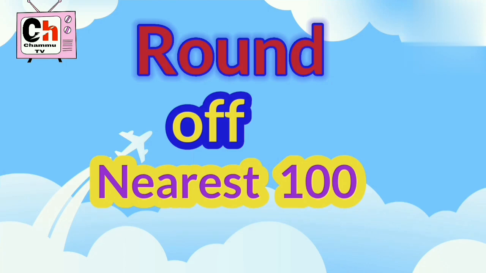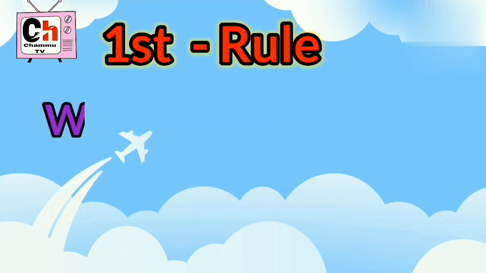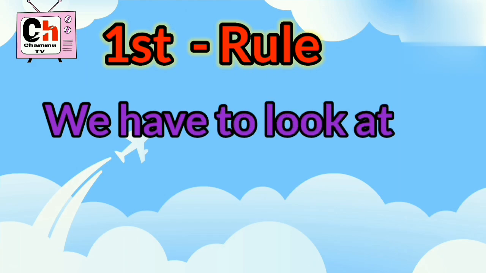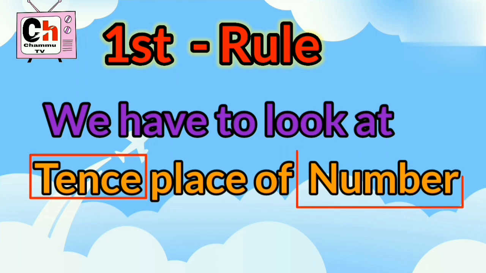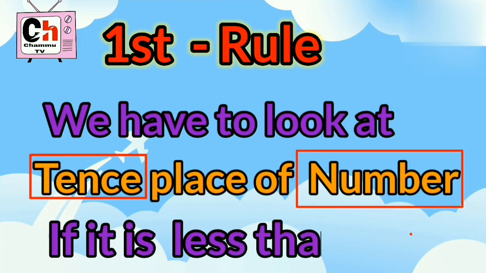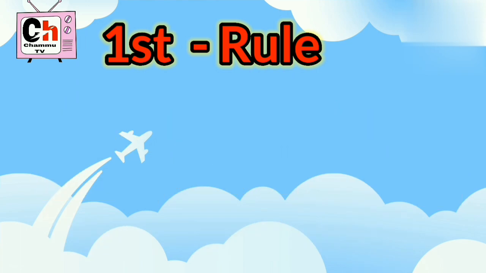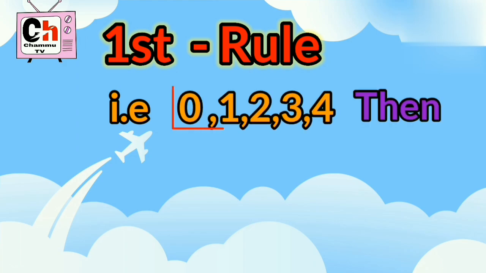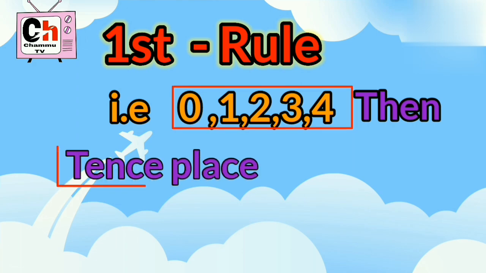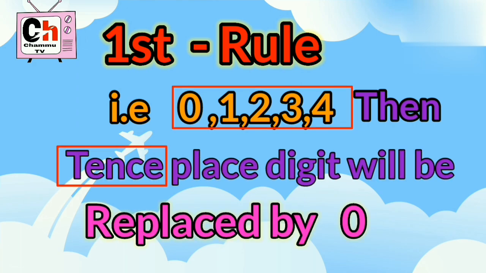Round off nearest 100. First rule. We have to look at the tens place of the number. If it is less than 5, that is 0, 1, 2, 3, 4, then the tens place digit will be replaced by 0.